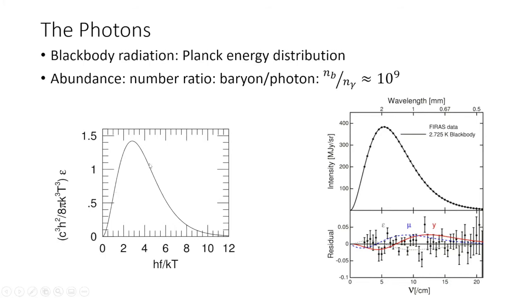So this is just a cartoon, of course. This is the intensity of the number of photons in each particular bin of energy. This is h times frequency, where h is not the Hubble constant over 100, this is the Planck constant. This is the Boltzmann constant times the temperature.